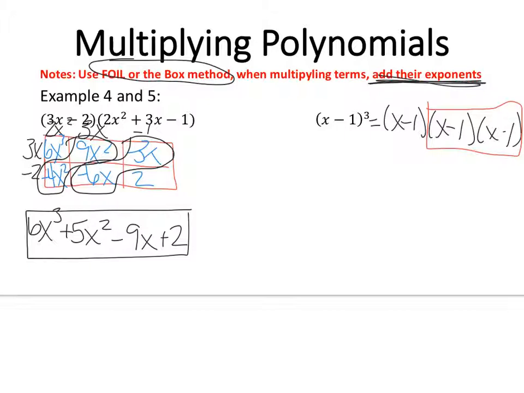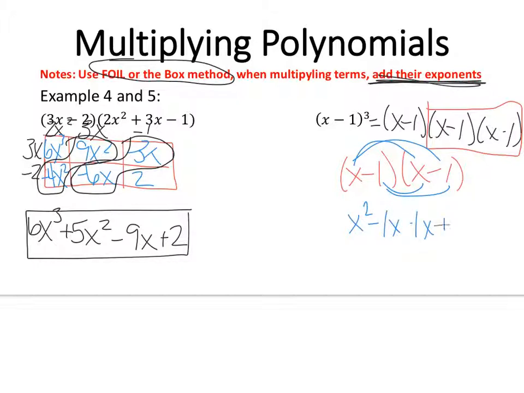So I'm going to use FOIL to multiply x minus 1 to x minus 1. So when you multiply everything together, you get x squared minus 1x plus 1, which simplifies down to x squared minus 2x plus 1.